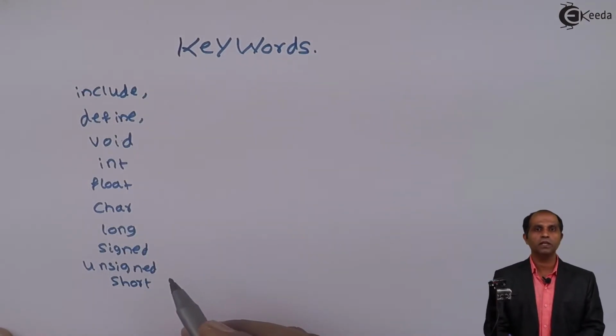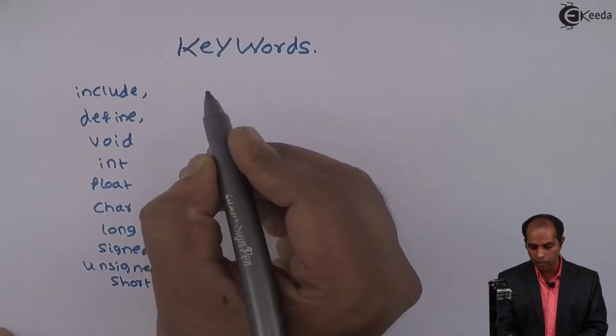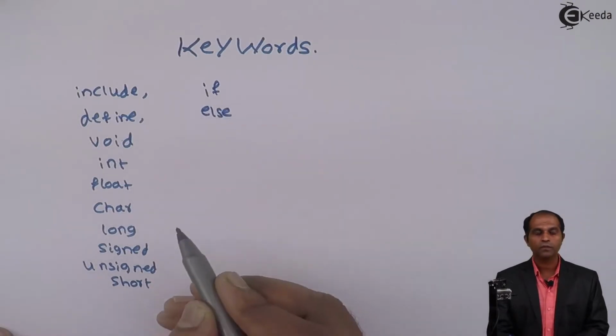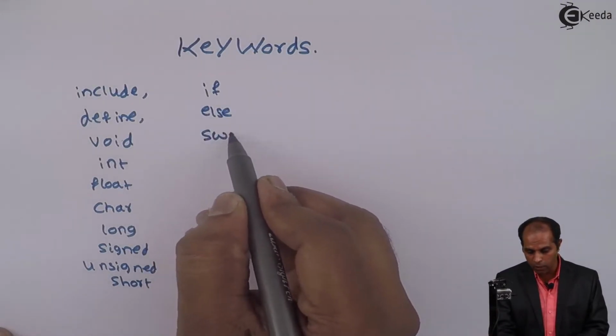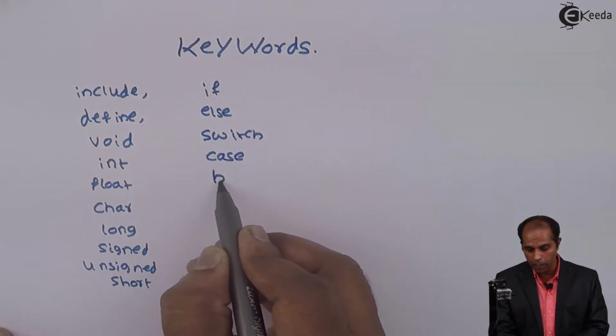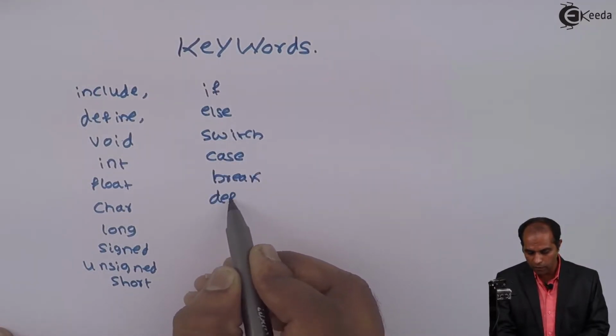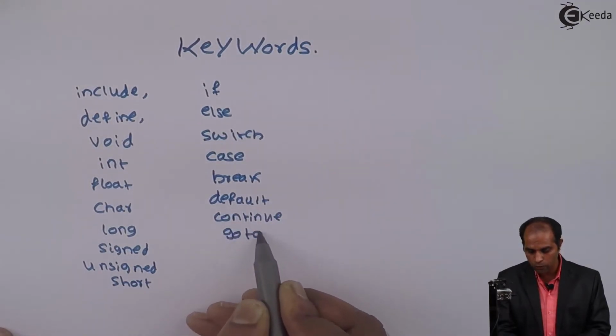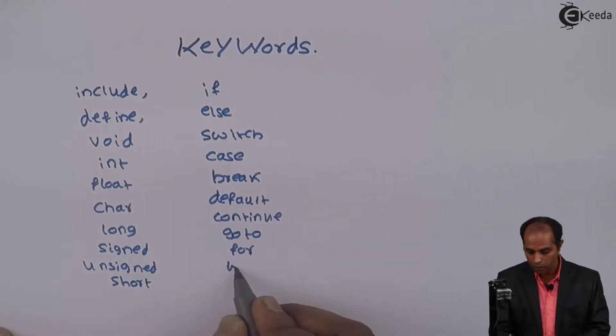When we move on with the future courses, definitely we will be learning keywords like if, else. Then we will be learning some more keywords like switch, case, break, default, continue, goto, for, while, do.